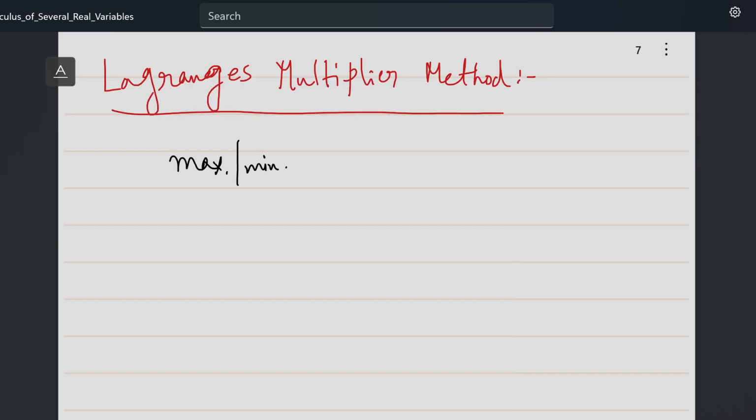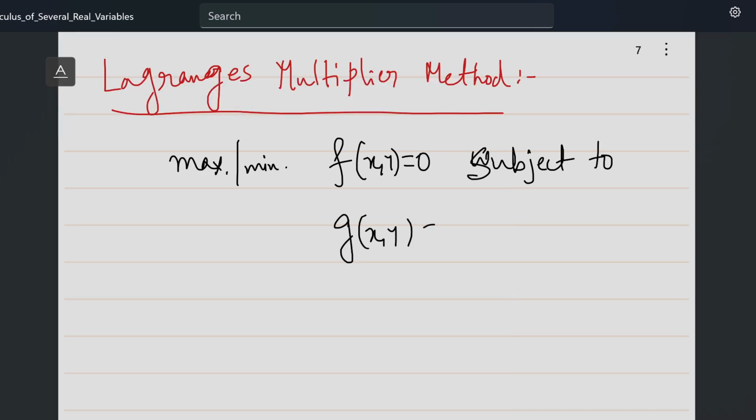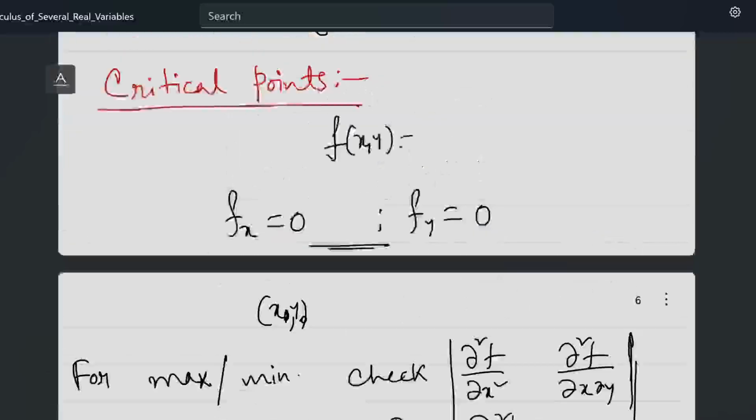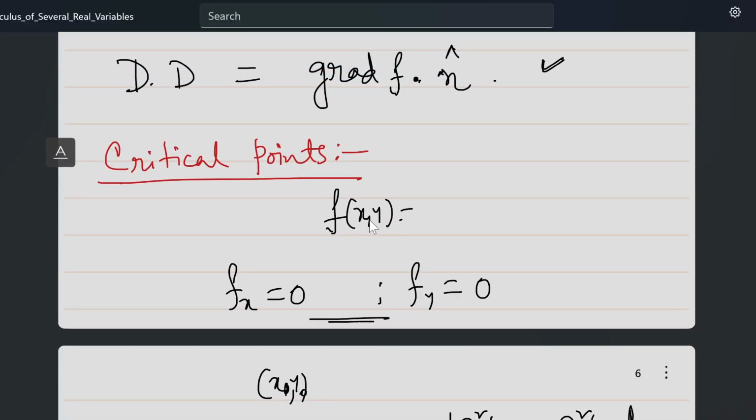So Lagrange multiplier means you have to find the maximum or minimum of f(x,y) subject to some condition g(x,y) equal to c. Then you have to apply Lagrange's multiplier method. In your previous problem, directly you had to find the maximum or minimum of f(x,y).